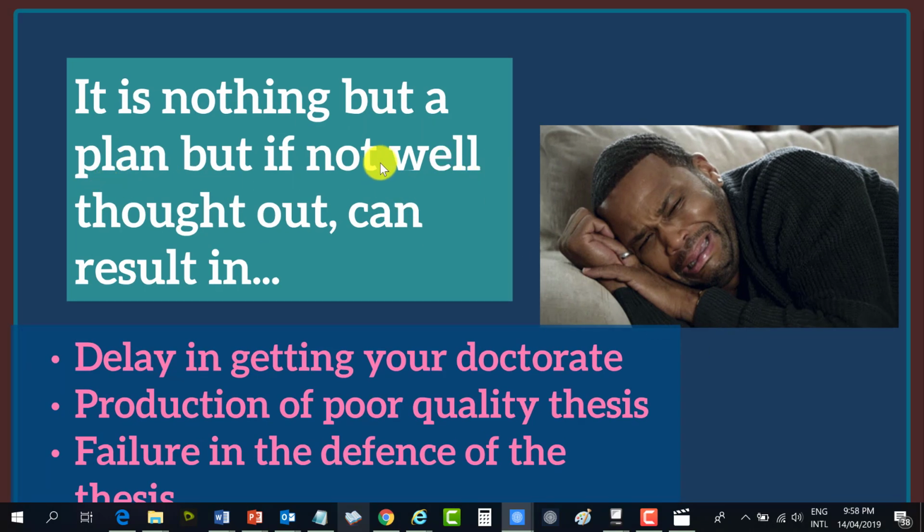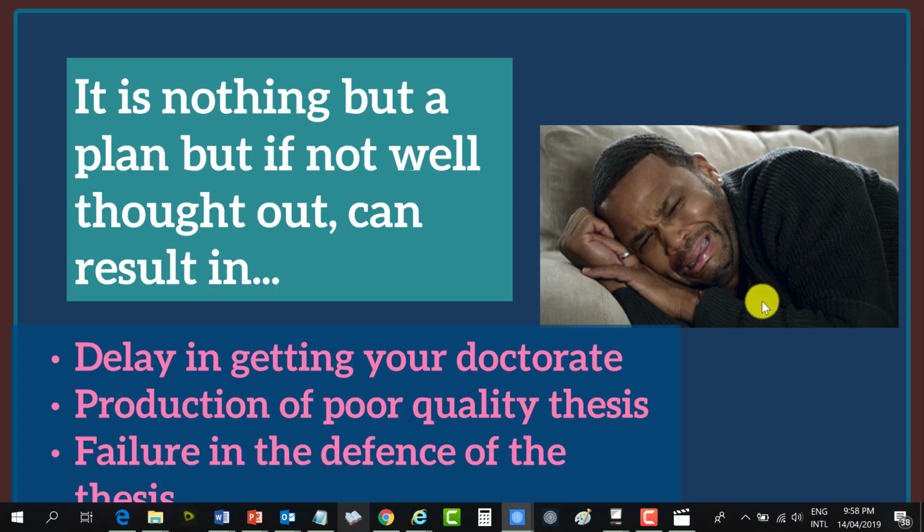But if you do not think well through the plan, it can lead to a number of things. It can lead to delay in getting your doctorate because you have implemented a bad plan. It can lead to production of poor quality thesis. And as a result of this, it can also lead to failure in the defense of the thesis.